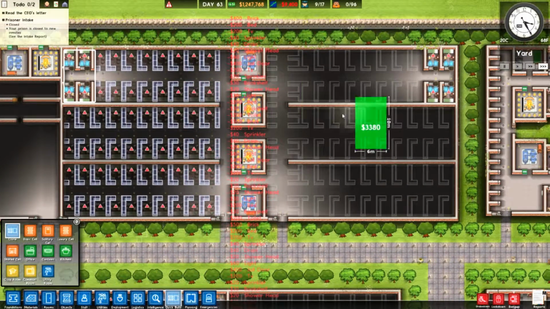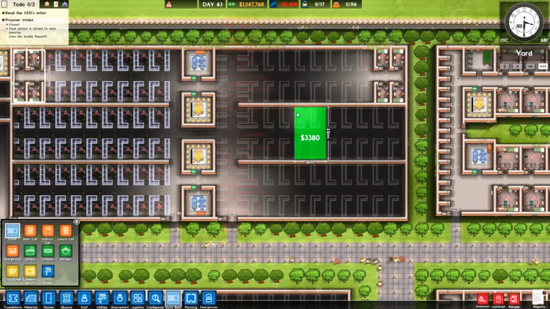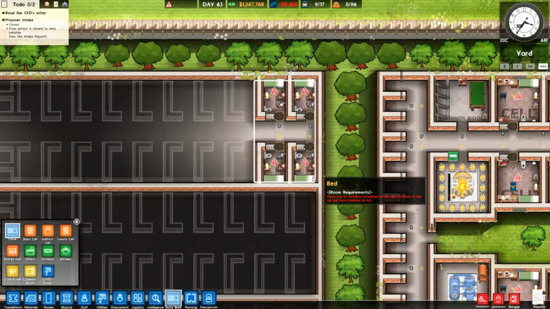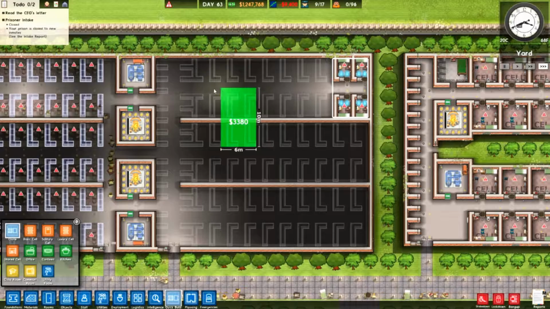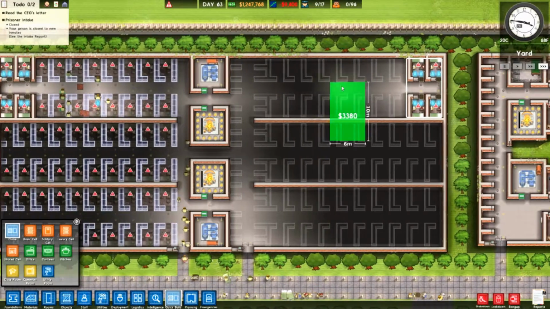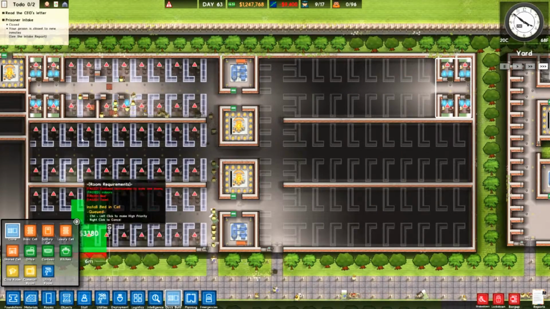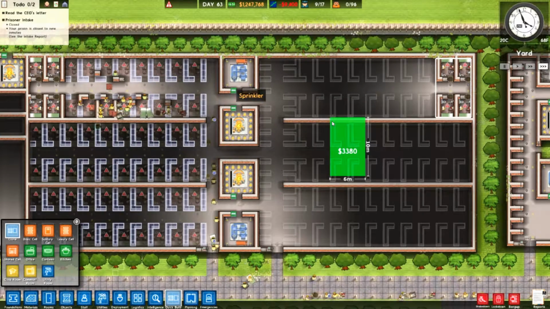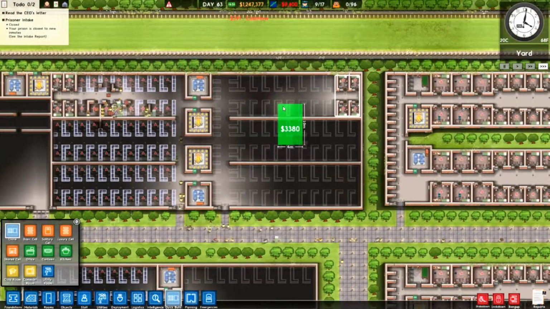For the top cell block I did draw it out first to see how many cells I could fit in there. Each hallway will contain 20 cells, 10 on each side. So that's 60 for this side, another 60 on this side. So each total cell block will contain 120 cells. Together it's 240.